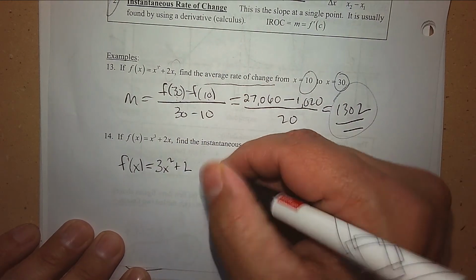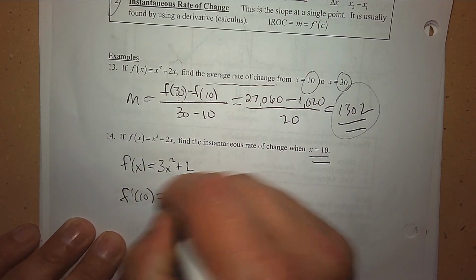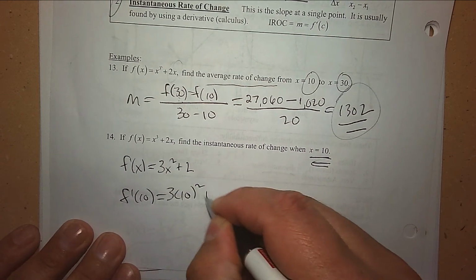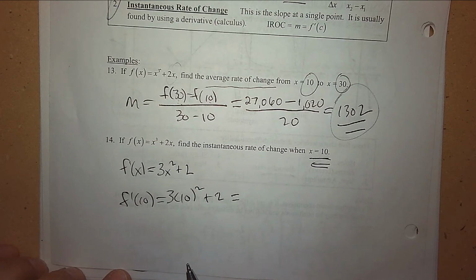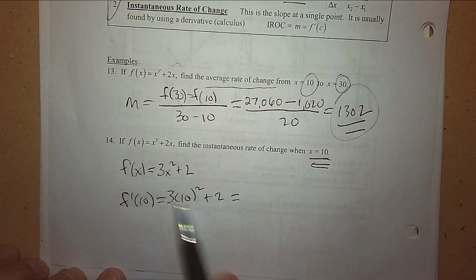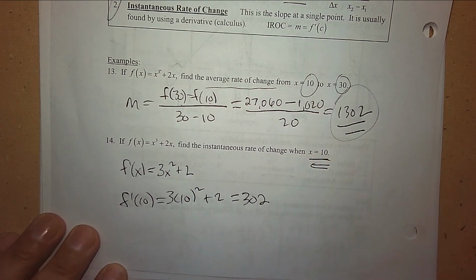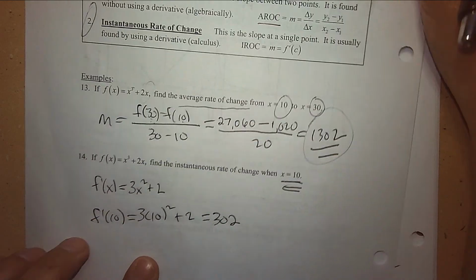Then what number would you plug in for x? 10. And can you simplify that in your head? Would you get 302? Done, right? You guys are good. We're done, aren't we?